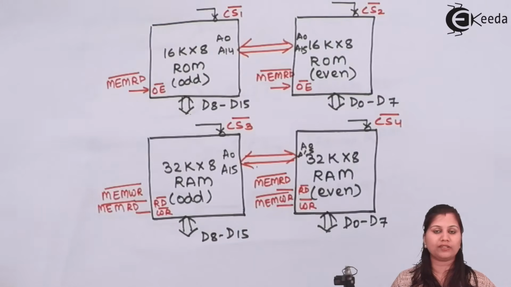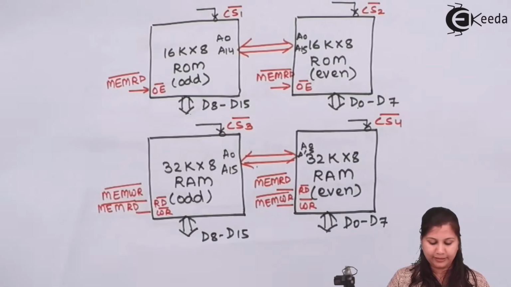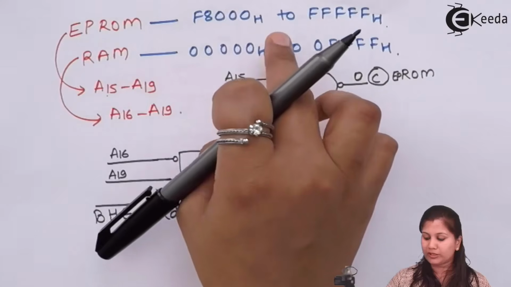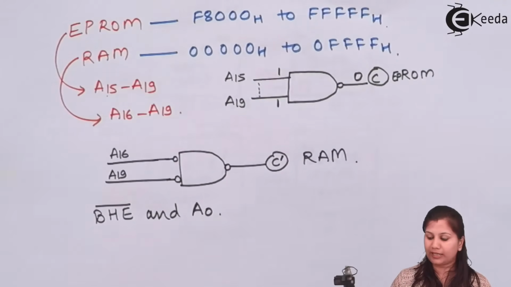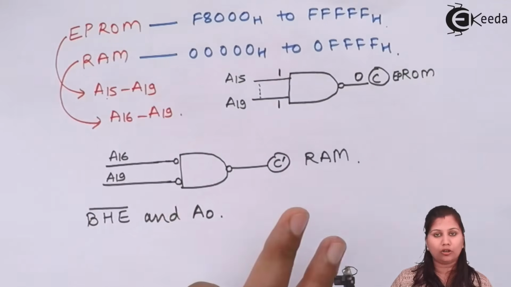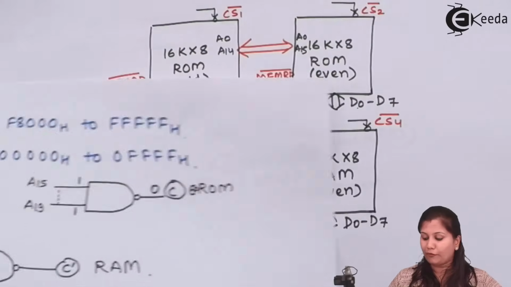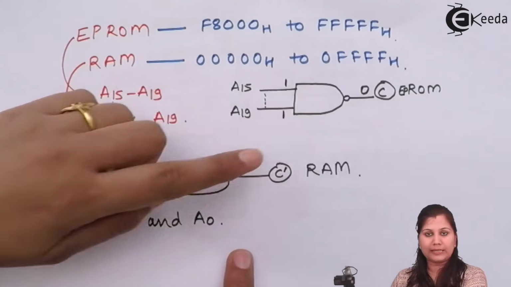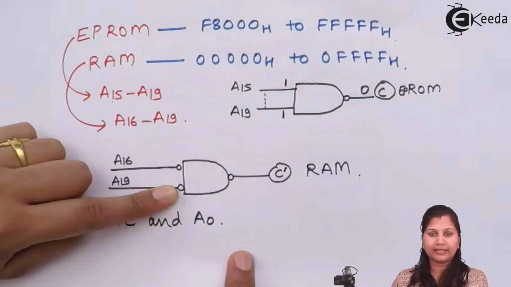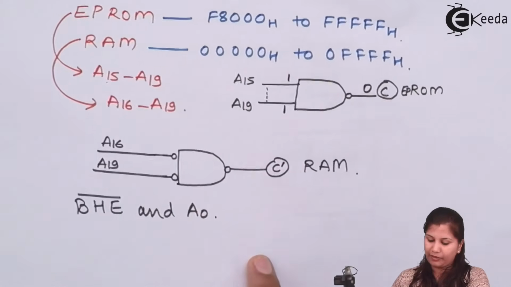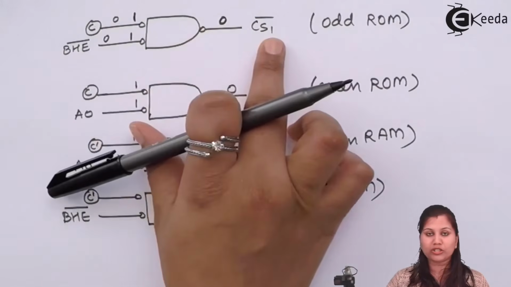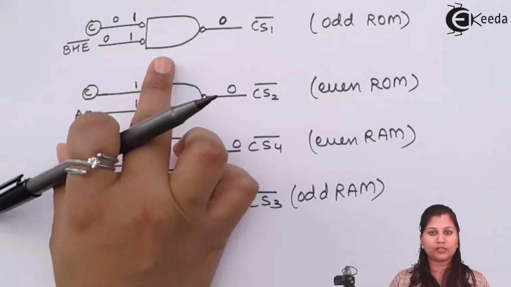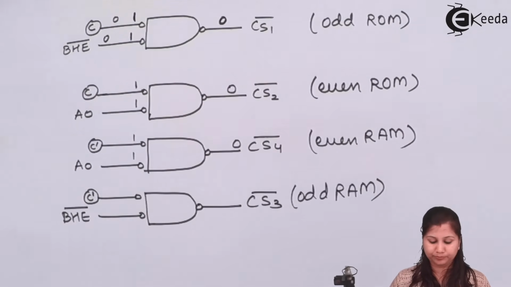Logic gates are used. We have not used a decoder here because the address map is discontinuous. In the address map we obtained, it was not in continuous notation, which is why we have used logic gates. For the address lines we have used separate NAND gates and a negative NAND gate, and after this, to form the chip select signals also, we have used logic gates.